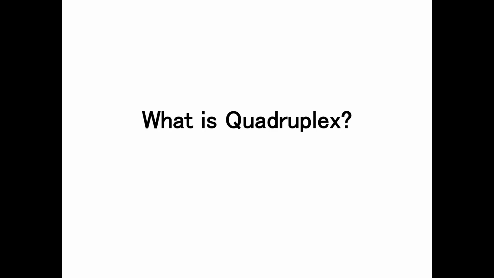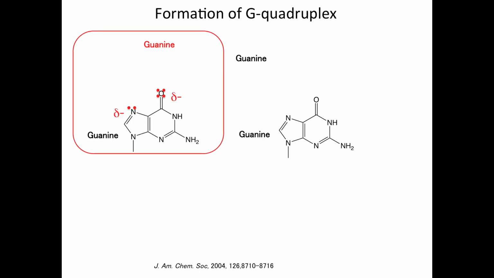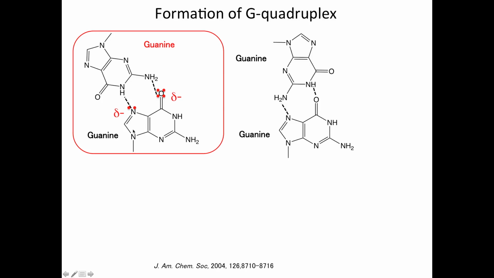What is a quadruplex? A quadruplex forms from a guanine-rich single-strand DNA, and in this structure, guanine binds to guanine by Hoogsteen-style pairing.